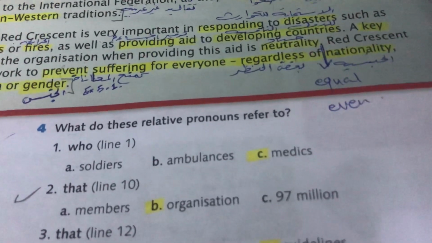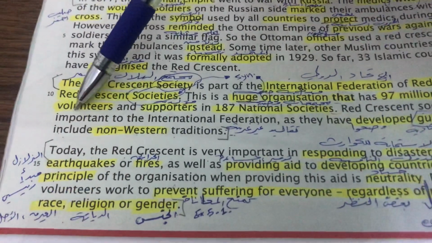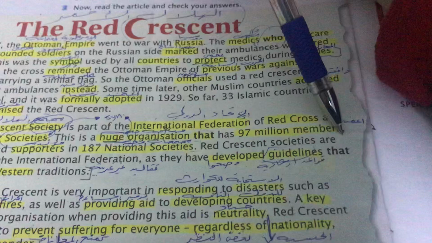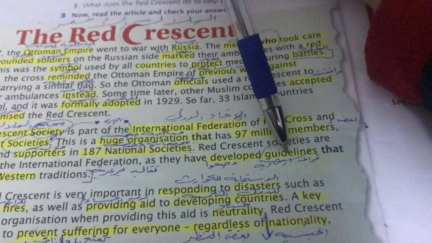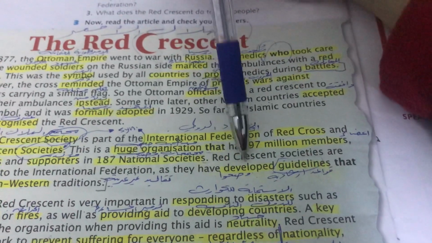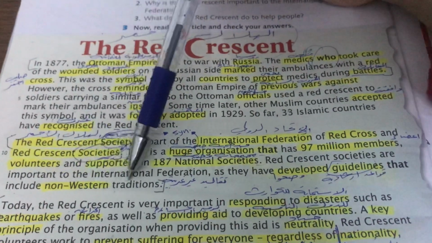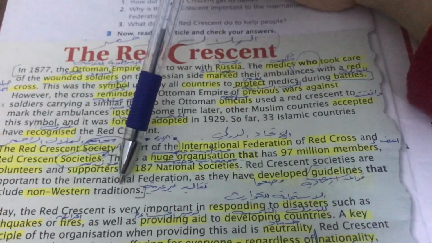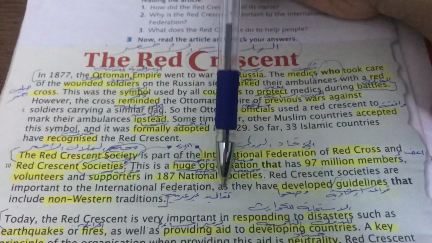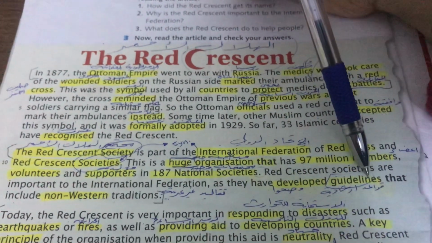Number 3, that in line 12. So here now line 10, 11 and 12. Let's go. As they have developed guidelines that here also refers to guidelines اللي هي القواعد اللي هي إيش وضعوا قواعد إرشادية شو بتعمل that include non-Western traditions. لا ترجع اللي هي شاملة لا إيش التقاليد الغير غربية. شو هم اللي هم الجايدلاينز القواعد الإرشادية.